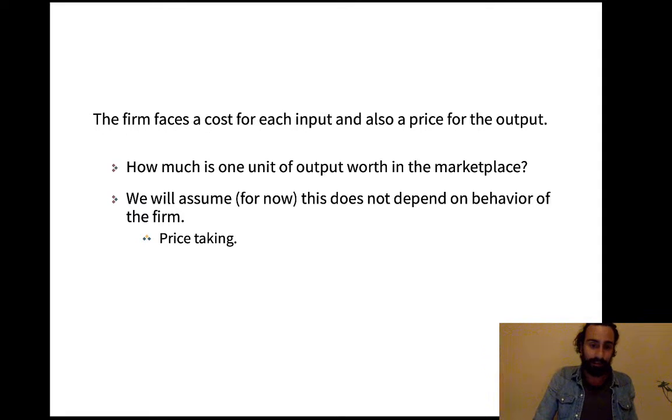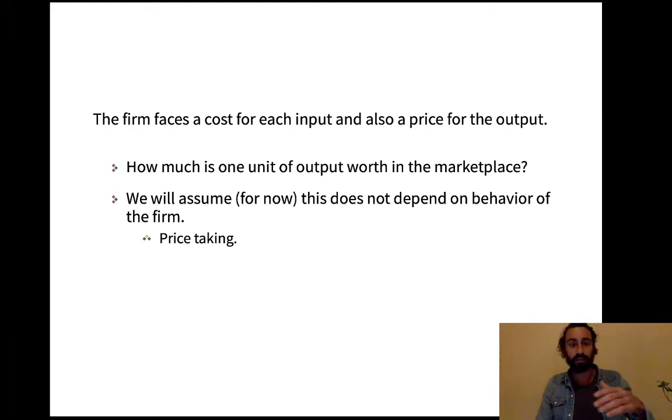And this wheat is going to be the output that we're thinking of, more like wheat than it is like, say, iPhones, where Apple actually sets the price of the iPhone, right? So we're assuming price-taking behavior, as we have throughout the entire course up to this point, and it is an assumption that we will dispense with in the future and talk about monopoly situations where the firm can decide the price to sell at, right? So it faces the demand curve directly.